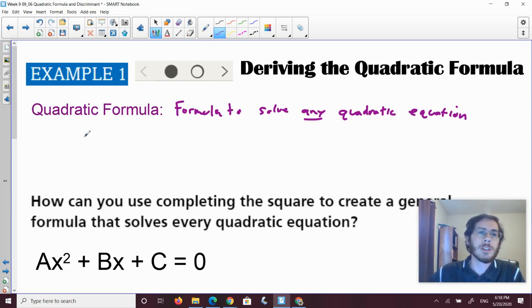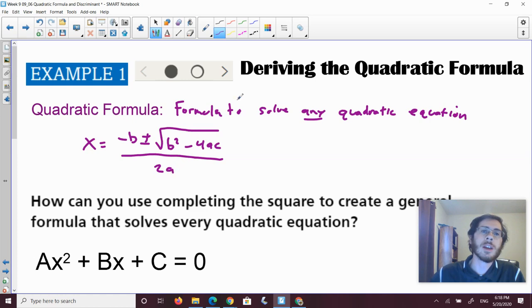So our formula is x equals negative b plus or minus the square root of b squared minus 4ac all over 2a.